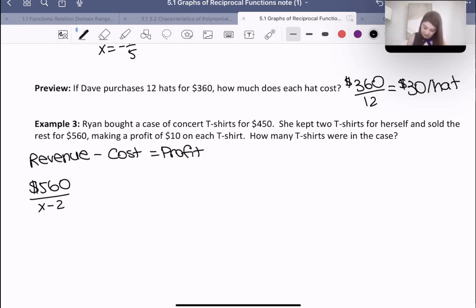Okay. And then minus the cost, which is 450 over x, right? Because she spent $450, sorry, on the t-shirts. And there were x t-shirts in the case, right? Actually, I should label my variables and say let x represent the number of t-shirts in the case.